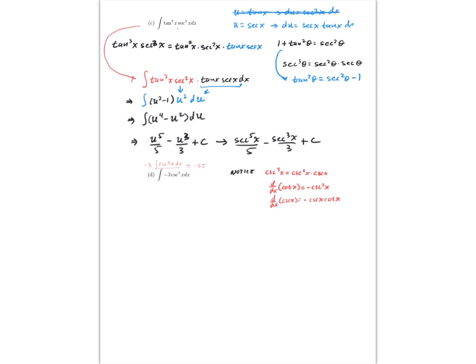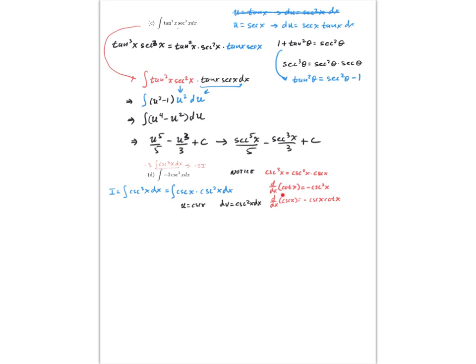All right, so now I'm just going to focus on I, the integral of cosecant cubed x dx, which is the same thing as cosecant x times cosecant squared x dx.